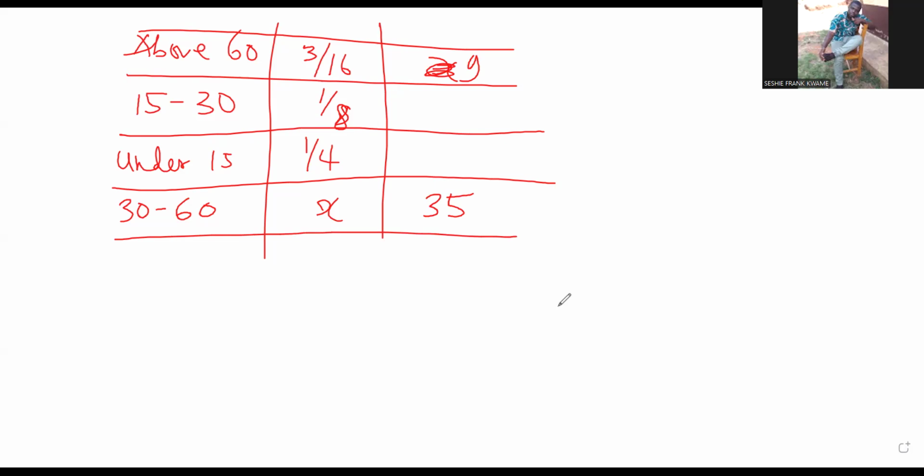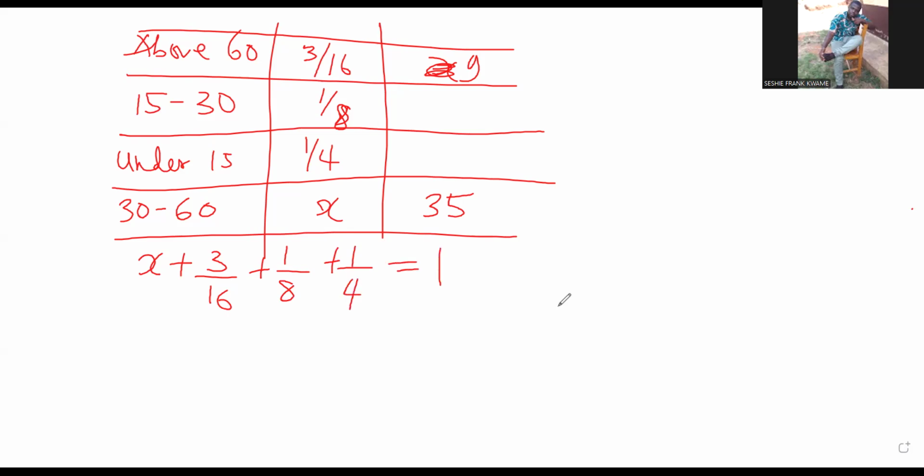If you add up the fractions for each of the categories, it should be equal to the fraction for those in the village, which is 1. So I can have x plus 3 out of 16 plus 1 out of 8 plus 1 out of 4 equal to 1.